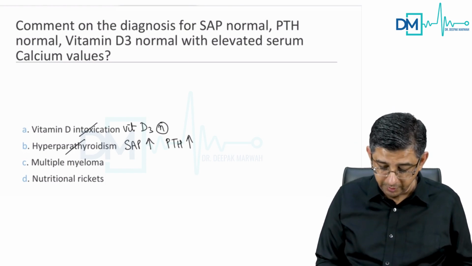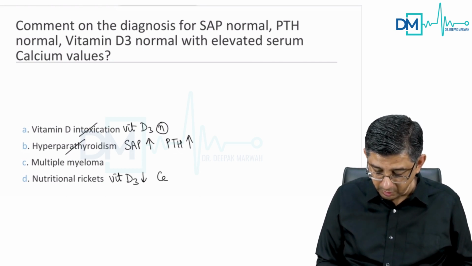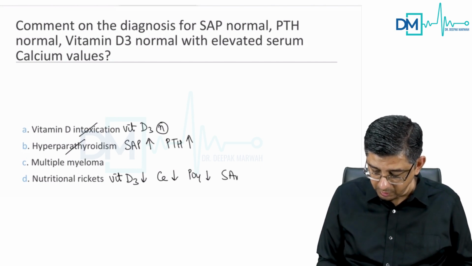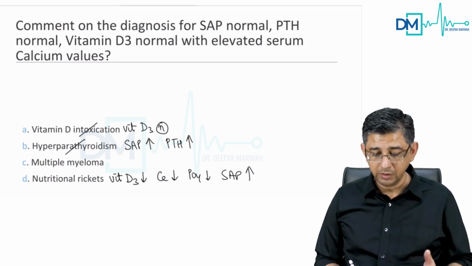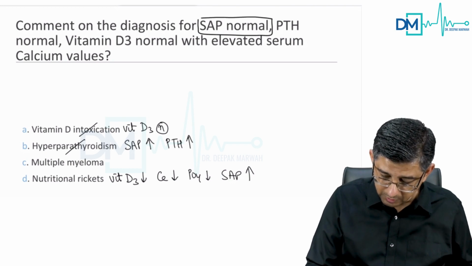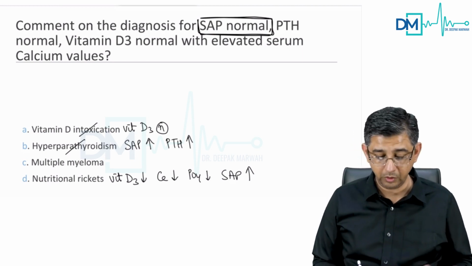Now, nutritional rickets is a condition with deficiency of vitamin D3. It has low calcium, it has low phosphate, and it has increased serum alkaline phosphatase due to increased bone turnover. So you can solve this question simply by this word: SAP is normal. SAP normal is a characteristic feature of osteoporosis, which I thought first, I thought it could be a question of osteoporosis, but it is not in the options.